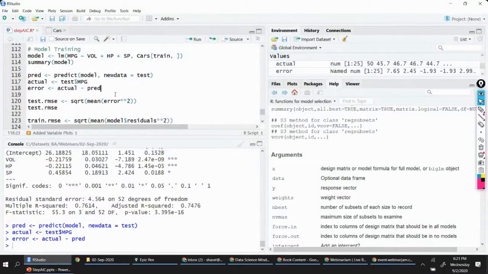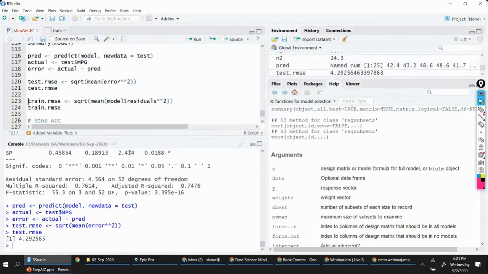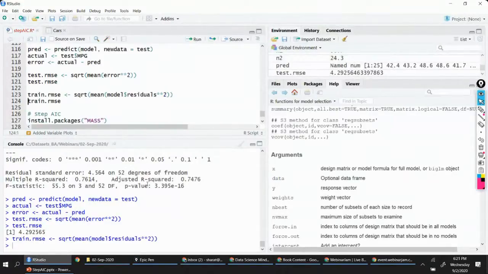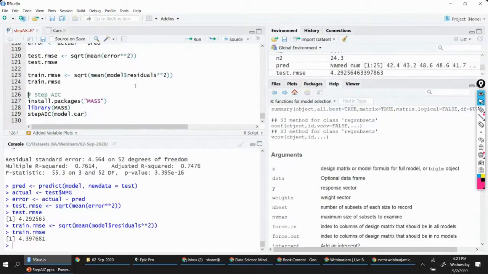Once we calculate the error, we are measuring RMSE. So it is 4.29 on the test data set. So we are trying to see what would be the error on the training data set. Very, very similar, so nothing to worry. It's not an overfit case, both are the same.